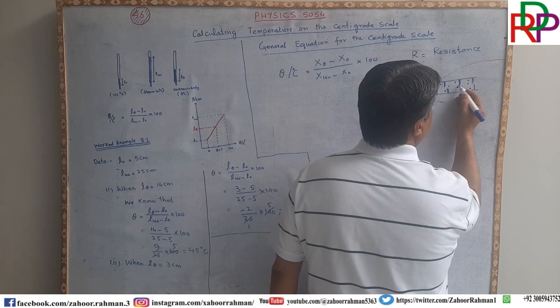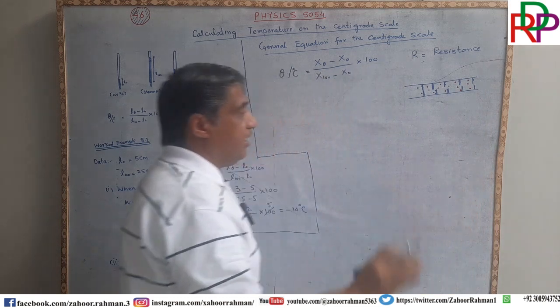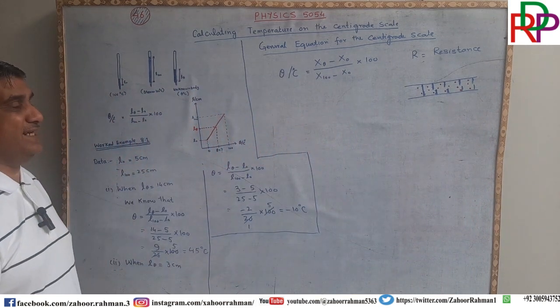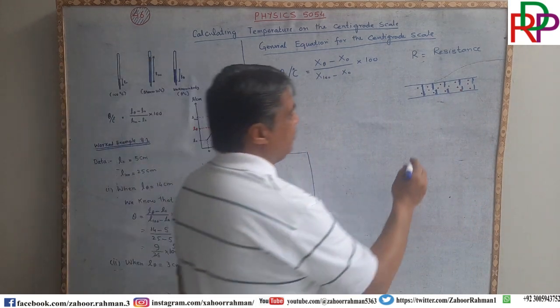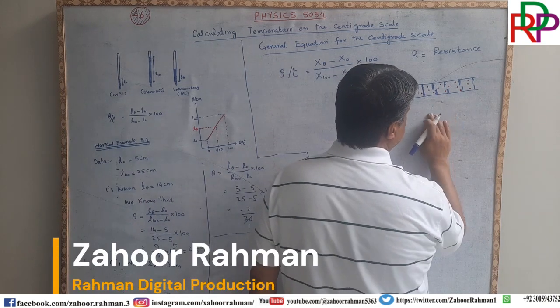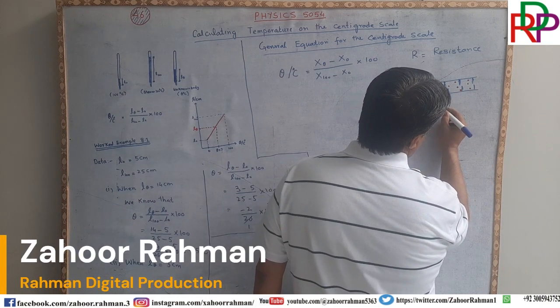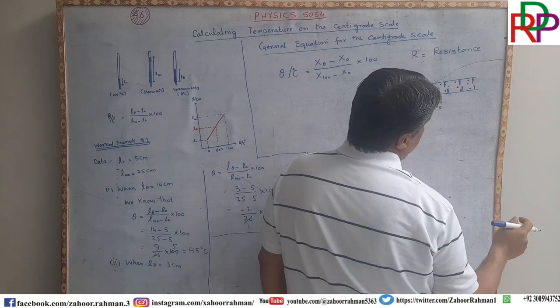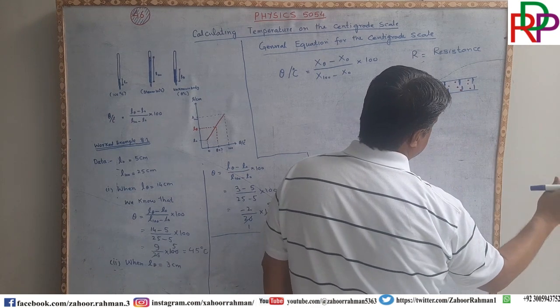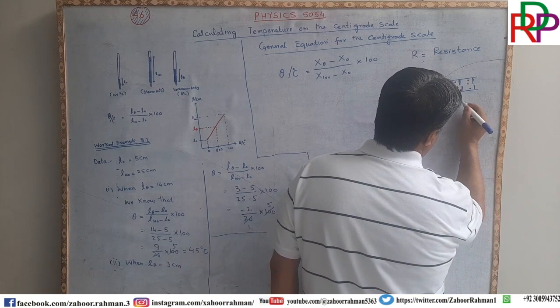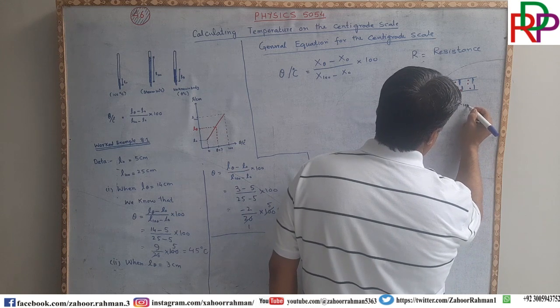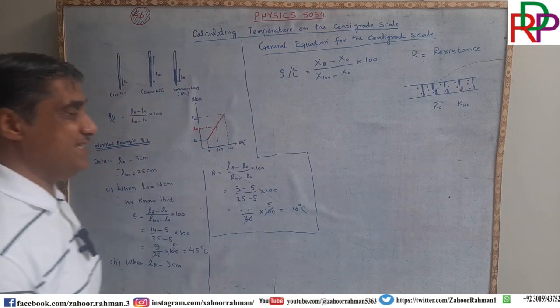This will pass, this will pass, this will pass, not all. Resistance will be there. So we have to find the resistance at 0 degree Celsius or centigrade, and resistance at 100 degree Celsius.